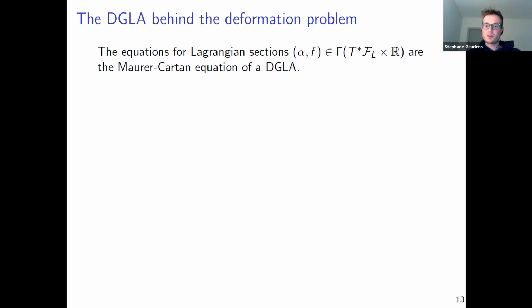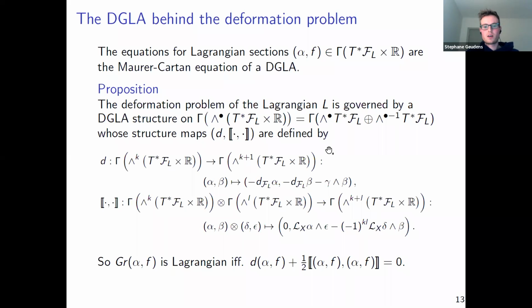Now there is this general principle that for every deformation problem there should be a DGLA or an infinity algebra associated to it. And also in this case, this is true. So the equations that we just found for Lagrangian sections are actually the Maurer-Cartan equation of a differential graded Lie algebra.